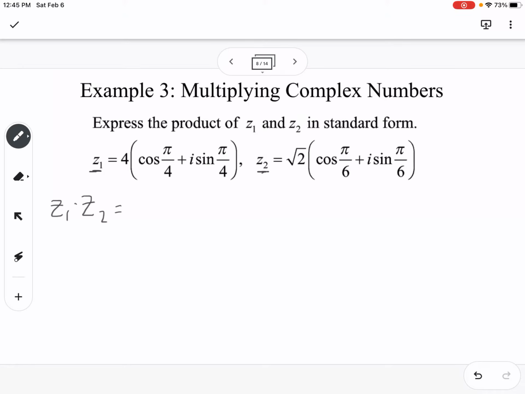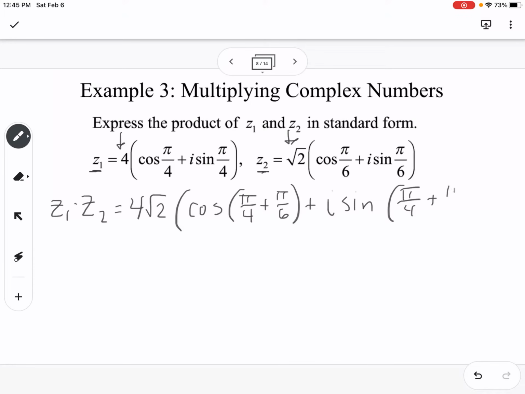We take the two r's multiplied, so 4 times the square root of 2, and then it's cosine of (pi over 4 plus pi over 6) plus i sine of (pi over 4 plus pi over 6). I should use brackets. Okay, so then we get 4 square root of 2 times cosine of, if I add pi over 4 plus pi over 6 with common denominators, 5 pi over 12.